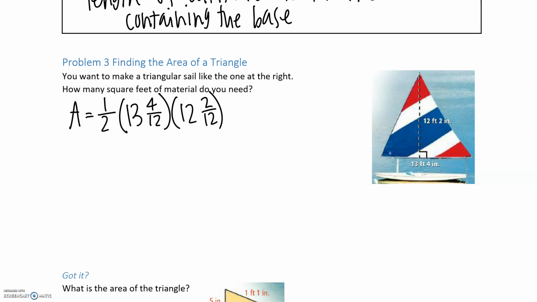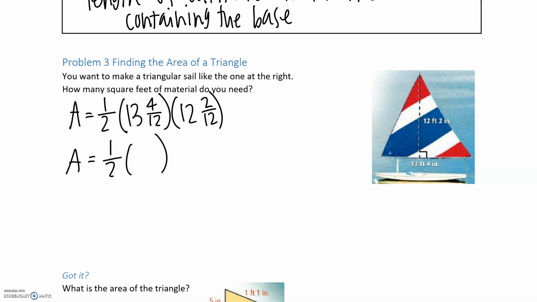Okay. So if we put 1/2 times, if we turn this into an improper fraction, that's going to be 73 over 6. Actually, nope, that's not 73 over 6. This one is going to be 40 over 3.